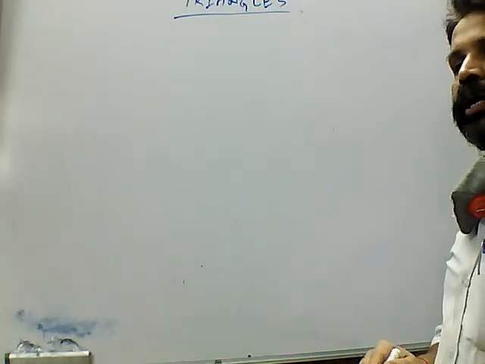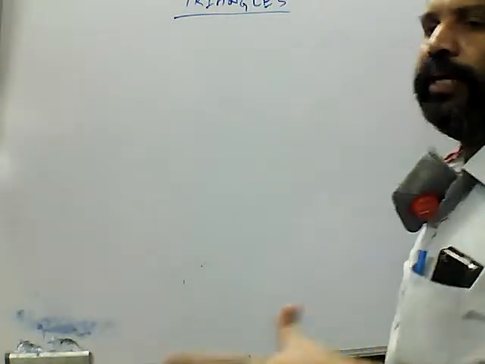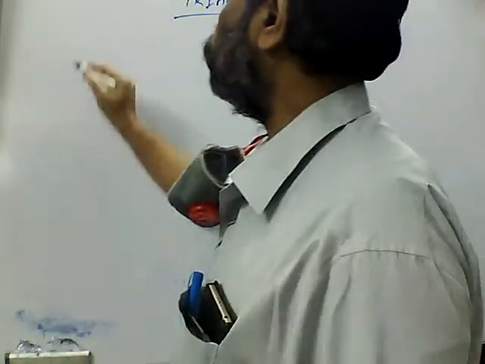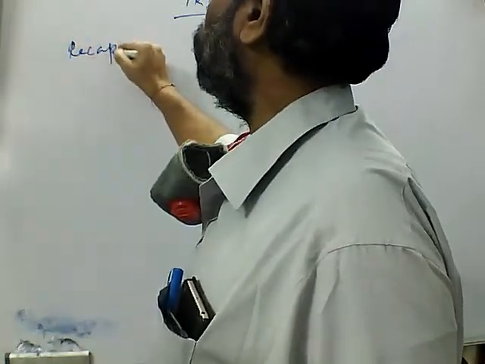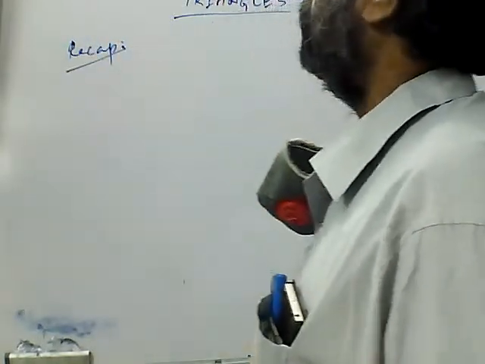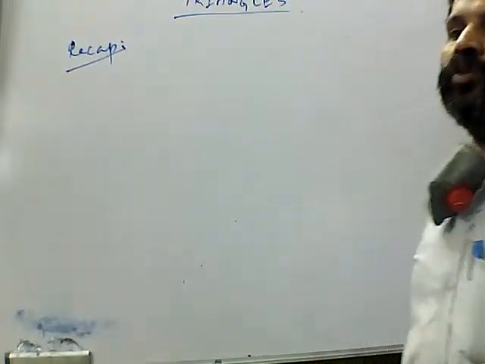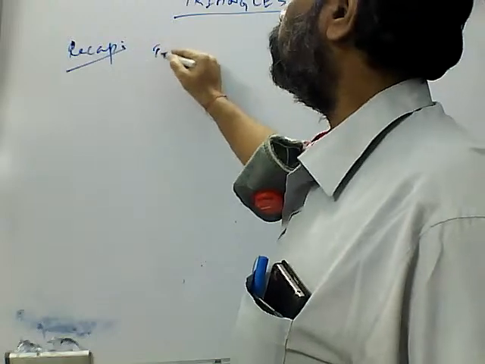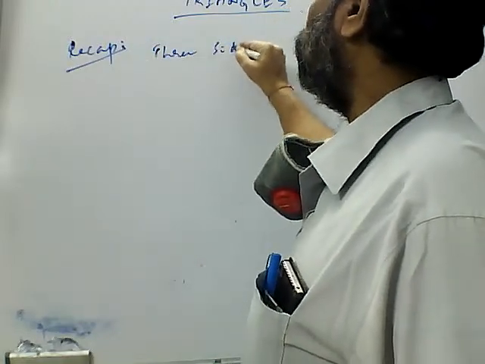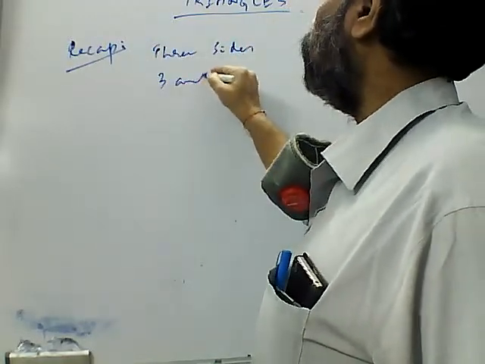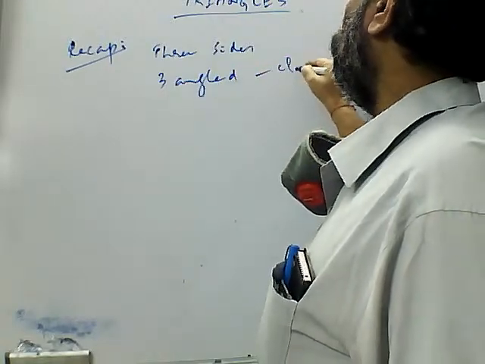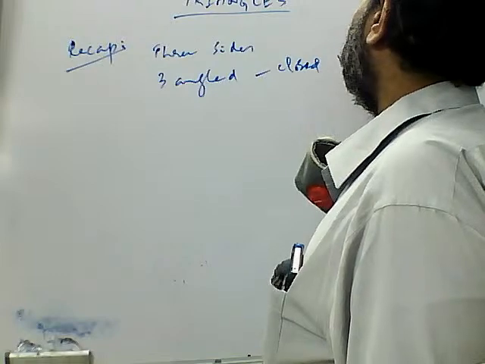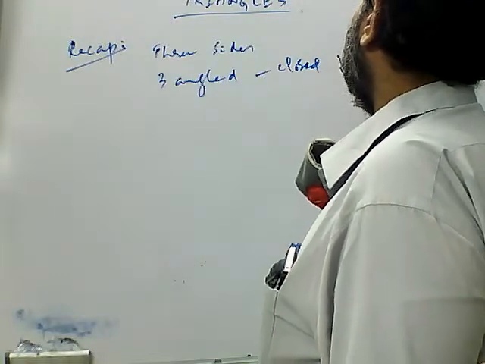Right. So already you know what a triangle is. Let us quickly recap our previous knowledge about triangles. A triangle is a three-sided closed polygon.